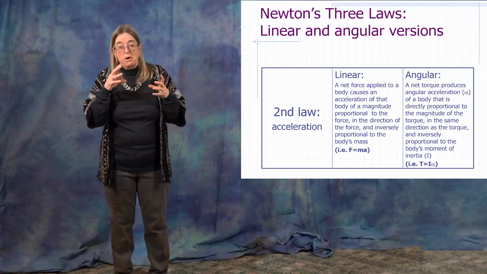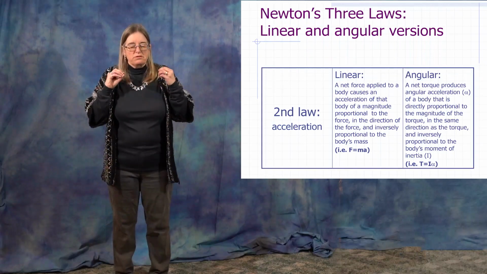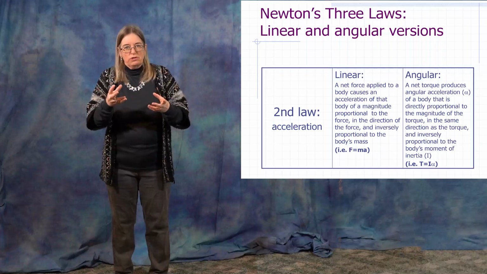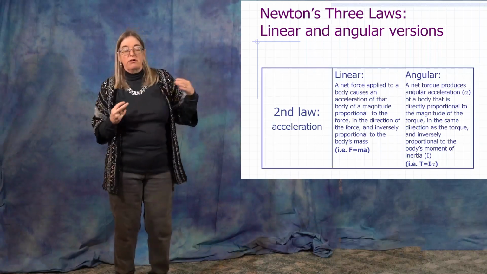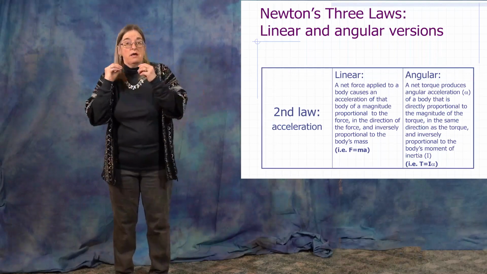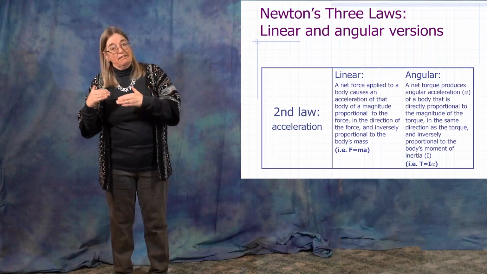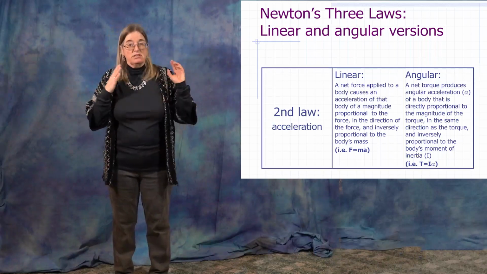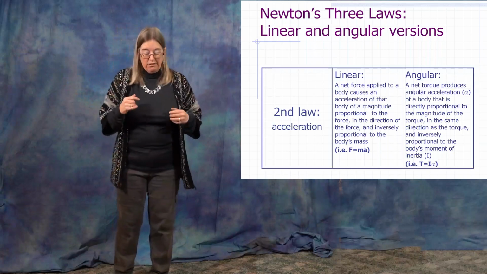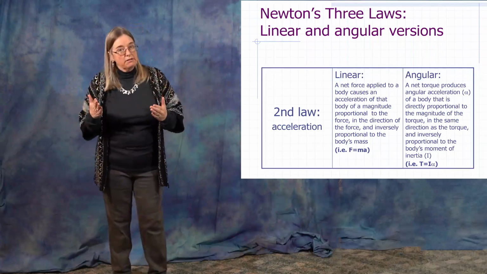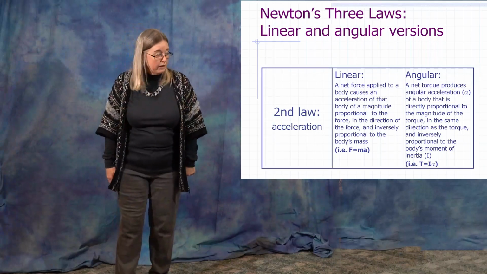It's what resists angular motion. In the same way mass resists linear acceleration, moment of inertia, I, resists angular acceleration, because the sum of the torques equals I alpha, and alpha, of course, is angular acceleration, and that angular acceleration has to be in radians per second squared.